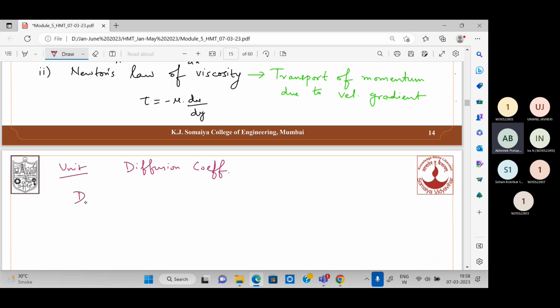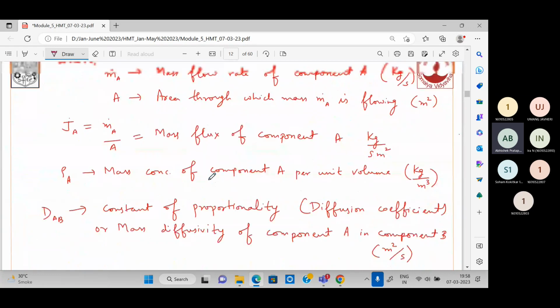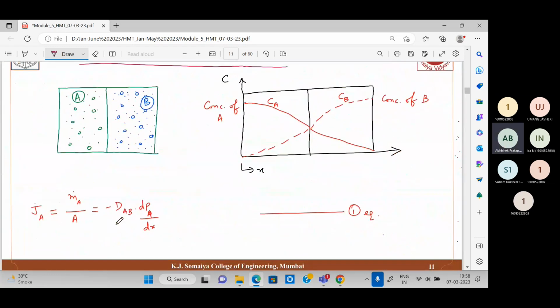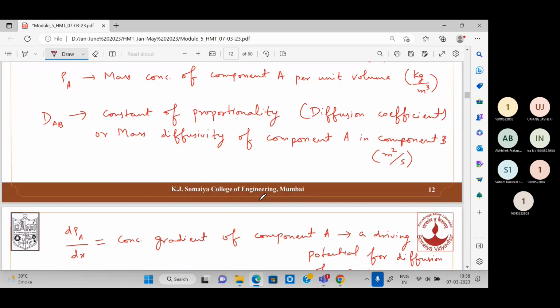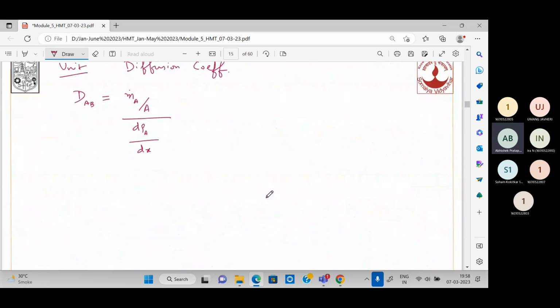DAB, we can write like this: flux per unit area divided by d rho A by dx. From this mathematical expression, we can write DAB as mA divided by A divided by d rho A by dx.